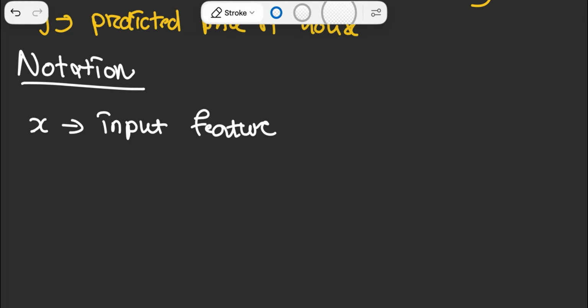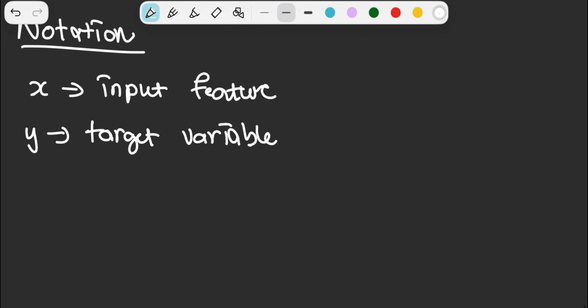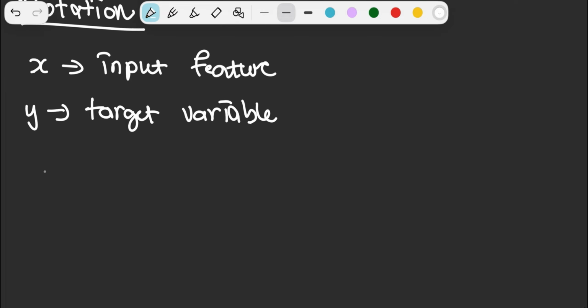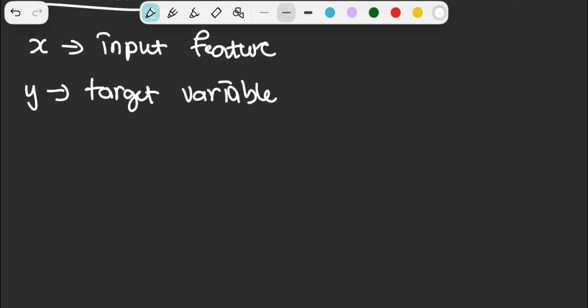So X is the input feature, and Y is what we call the target variable. These are key things that you must note down if you're writing notes. Y is the target variable, which implies that Y is a value that we get out. So it's called a target variable. And then if you want to represent a training example, here is the notation for representing a training example.